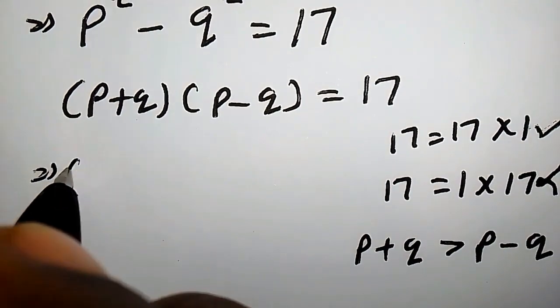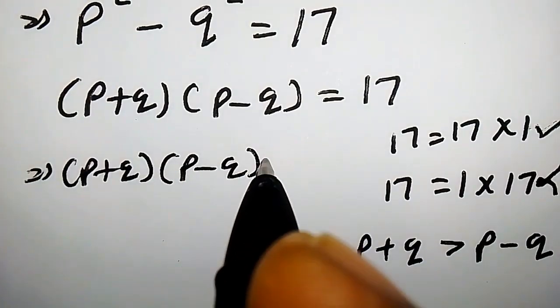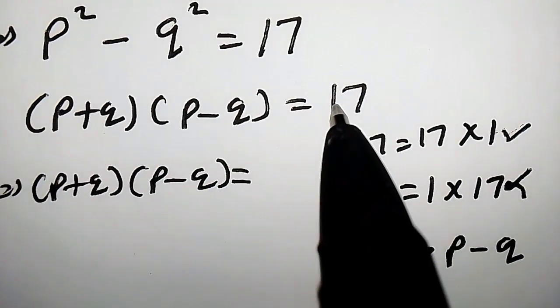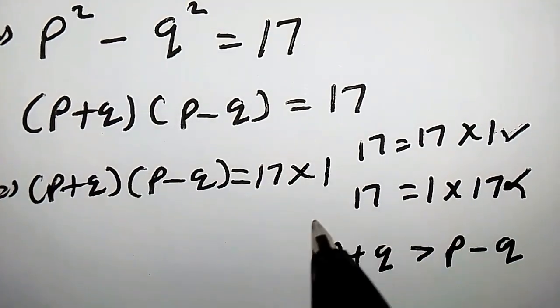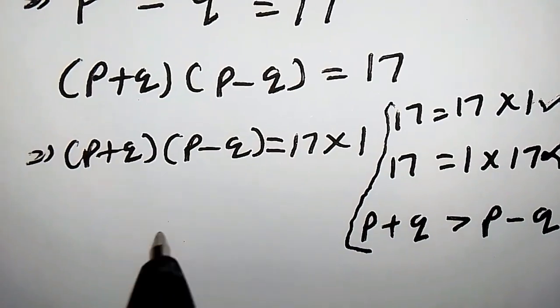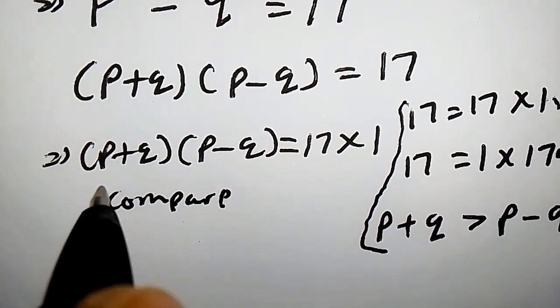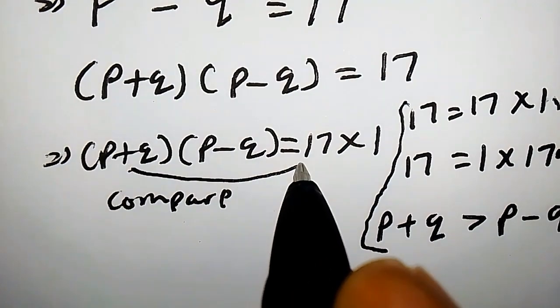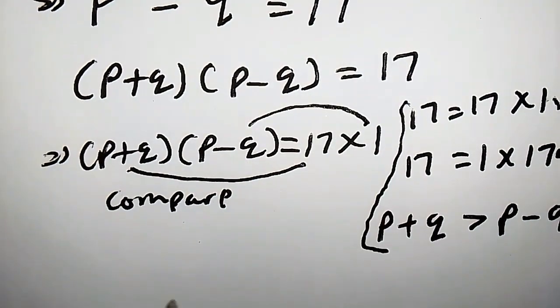So we have p plus q times p minus q equal to 17 times 1. Let's isolate this. By comparing, p plus q will be equal to 17 and p minus q is equal to 1.